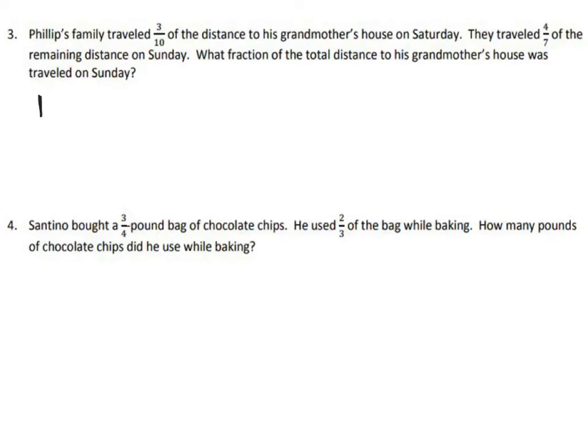And then they traveled 3/10 of the distance. 3/10. And what day was this? On Saturday. So I'm going to circle 3/10 on Saturday. And then they traveled part of the rest of the way.